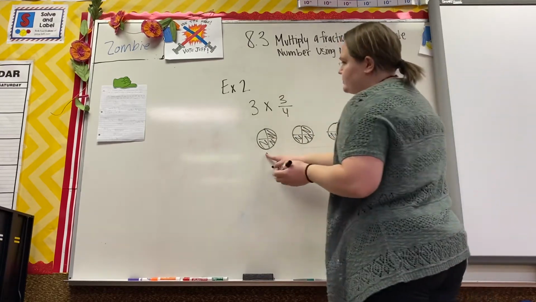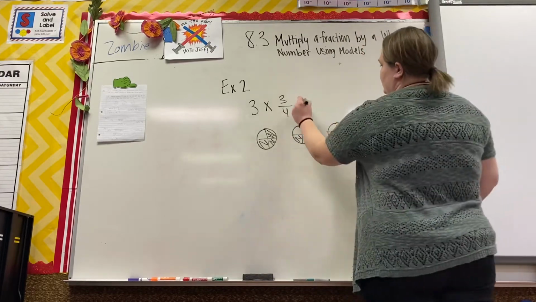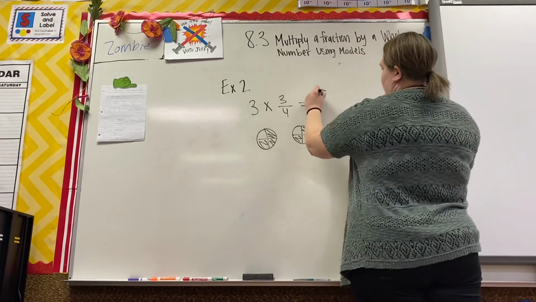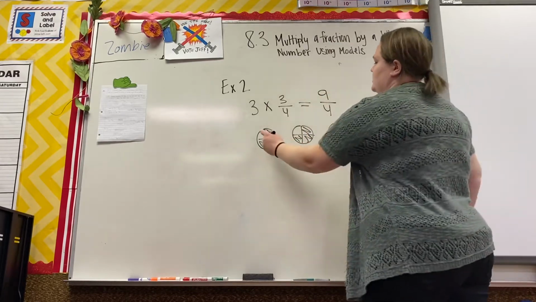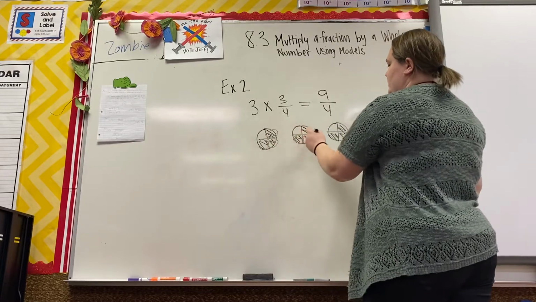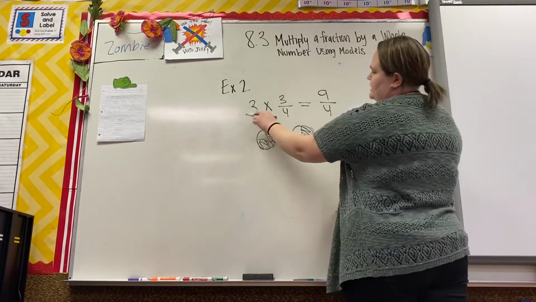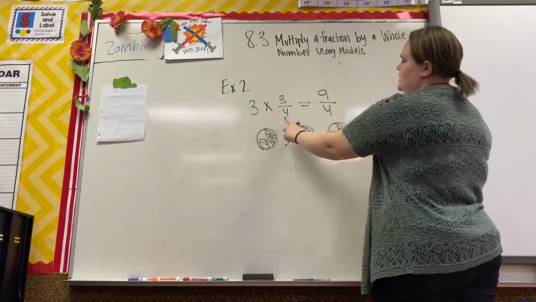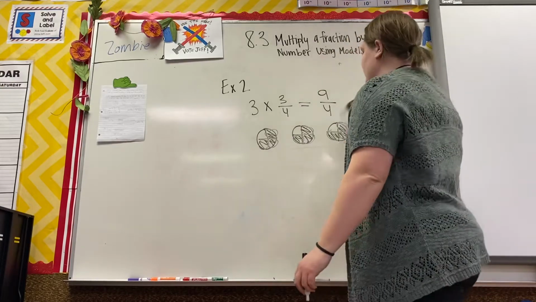And then if I do 3 groups of 3/4, I get 9/4. I have 9, 1, 2, 3, 4, 5, 6, 7, 8, 9. Or I could have just done 3 times 3 is 9, and I keep my denominator the same. All right?